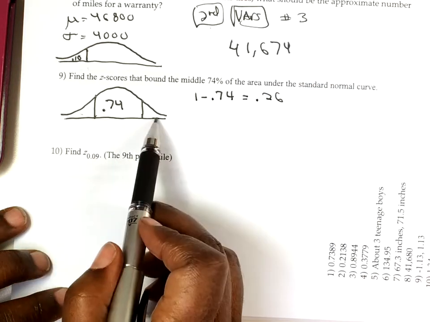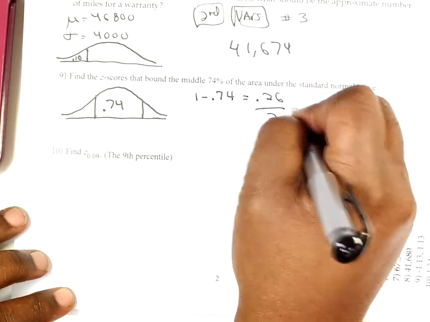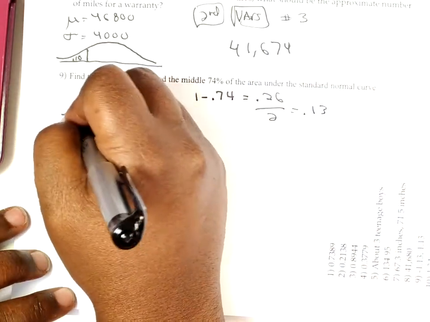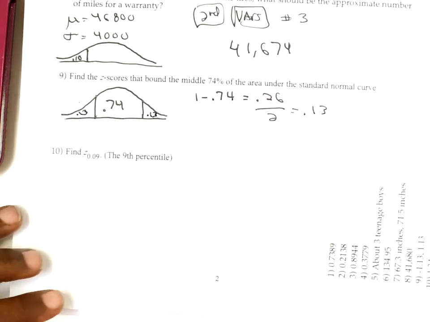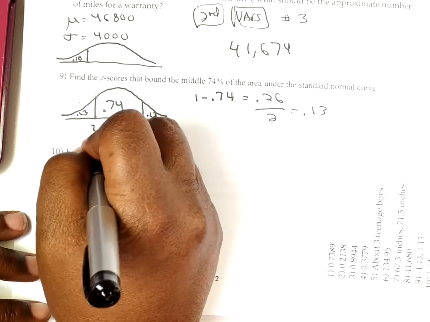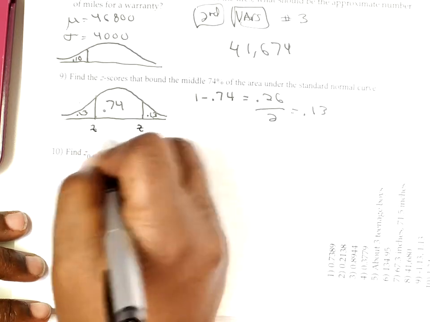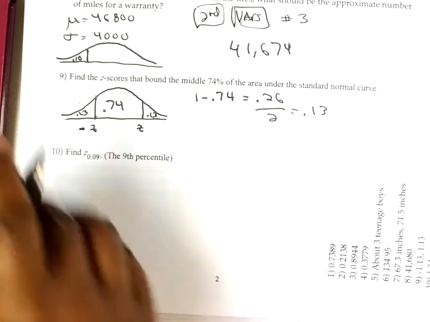So between these two pieces, it's 26%. So if I divide that by 2, then I know this is 0.13 and this is 0.13. So I need these Z-scores, and this time I am really finding the Z-scores because there's no application to it. So I need to find this and this, but these are going to be the same number. It's just this one over here is going to be negative and that one's going to be positive.